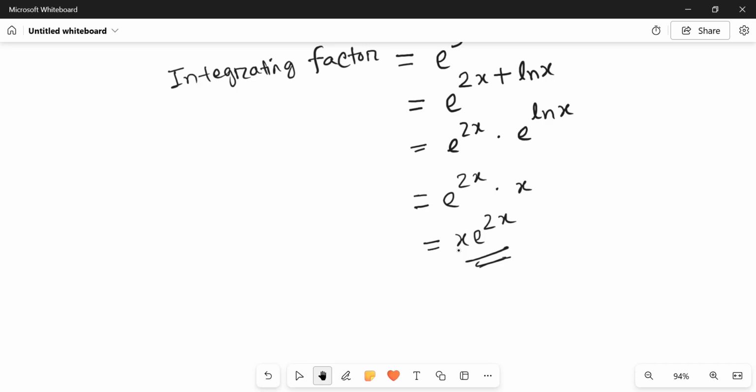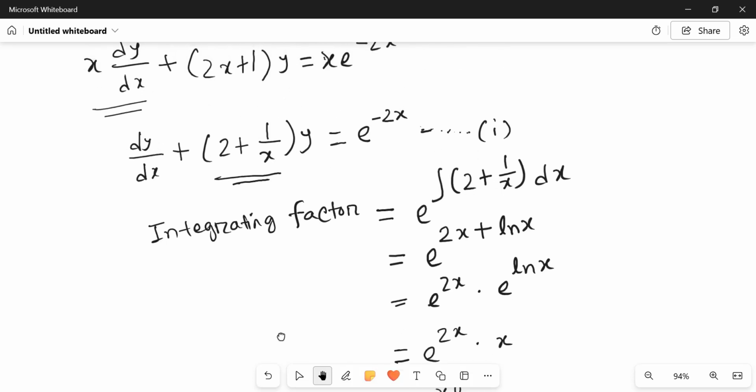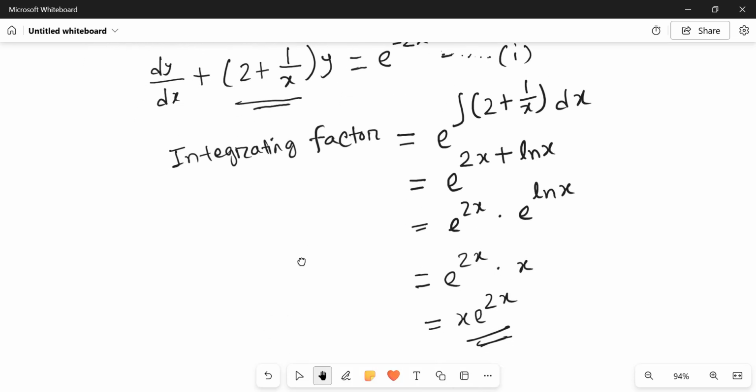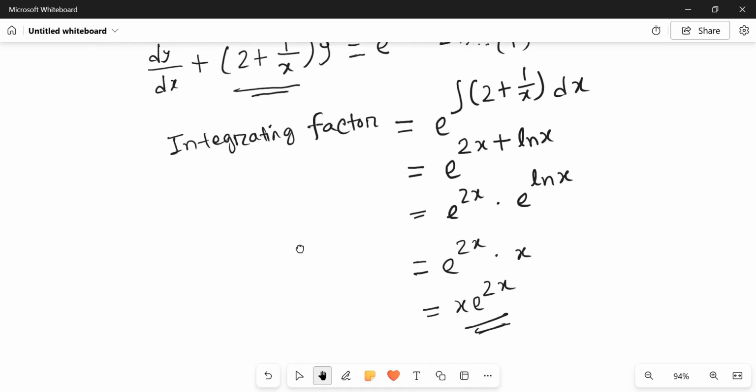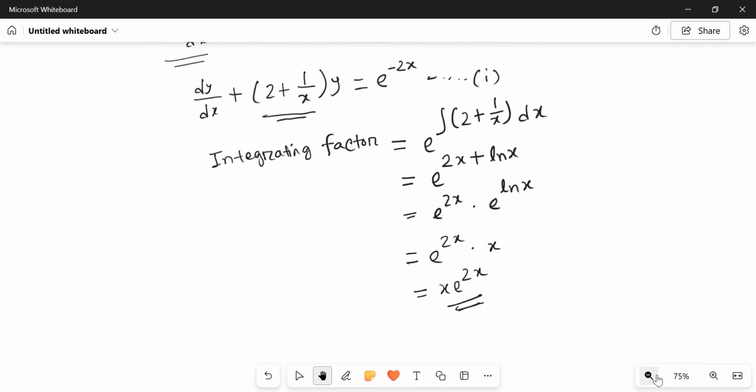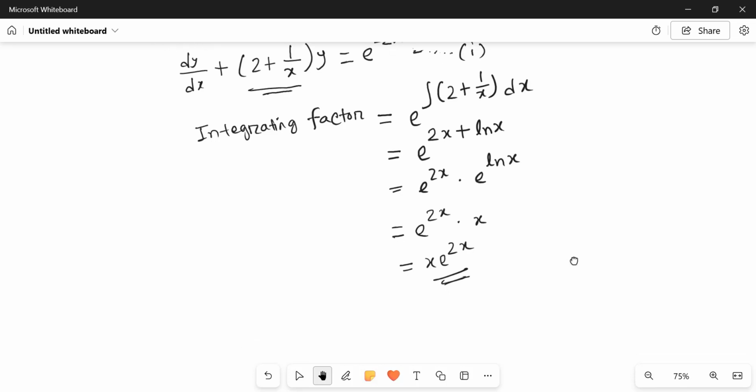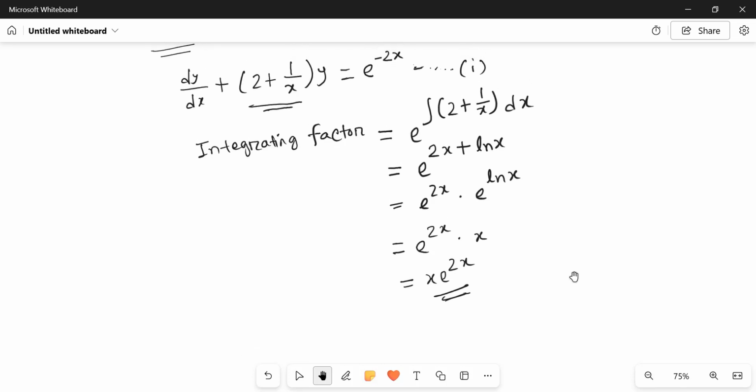Now we have to multiply it on both sides of our equation 1. So if we multiply it on both sides of 1, we get x e to the power 2x dy by dx plus and so on.